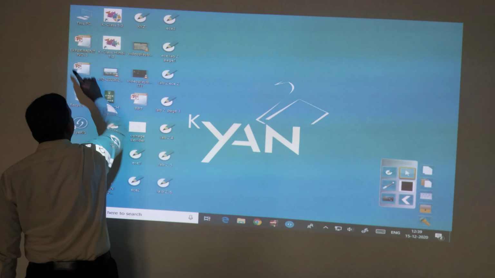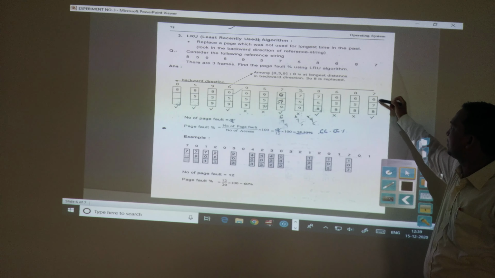Again 8. 8 should be replaced. 9 is the longest, so 7, 5 and 8. Again 6. 6 is replaced by 7. 6, 5 and 8. 8 is there. 7. 7 replaces 5 because 5 is the longest period of time. Replace: 6, 7 and 8.